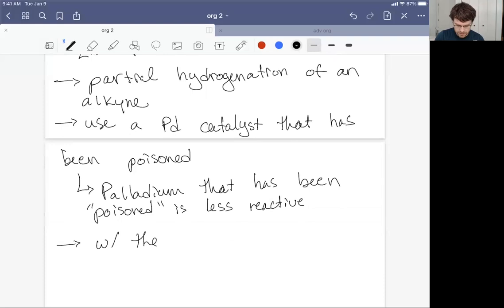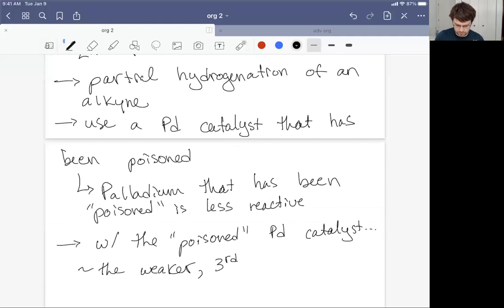So with the poisoned palladium catalyst, the weaker third bond of an alkyne, and that's a pi bond, so the weaker third bond, which is a pi bond, there's not 3 pi bonds, there's 2 pi bonds.